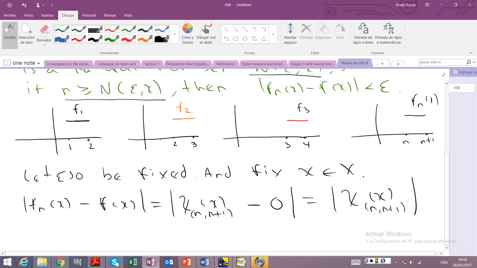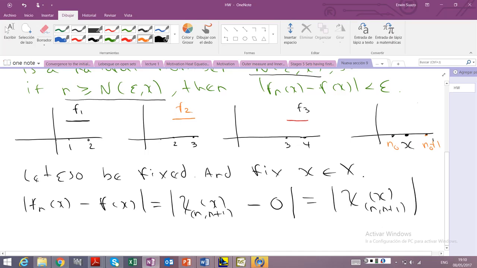So first you fix epsilon, you don't know where to put it yet, but then fix x. What do I know about this x? I know there is an n, let's call it n_0, so that x is in that interval.